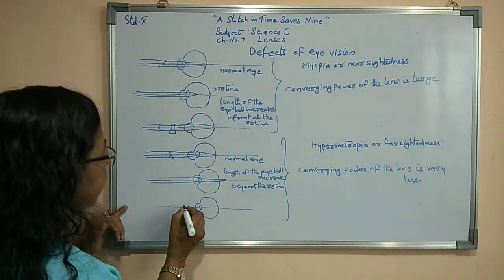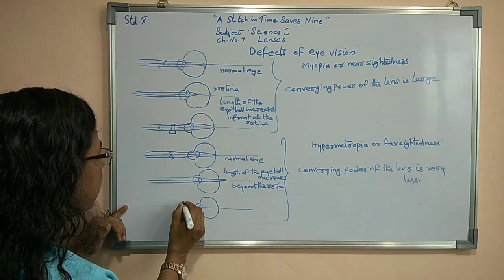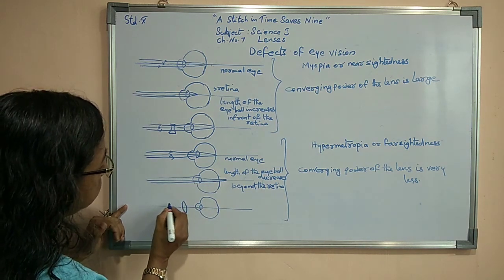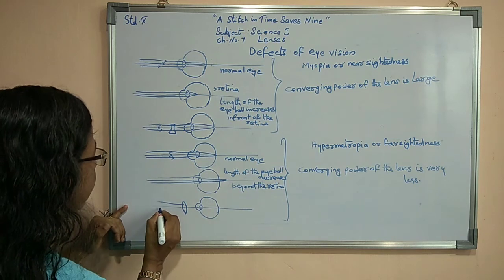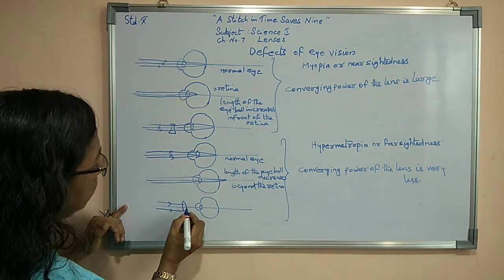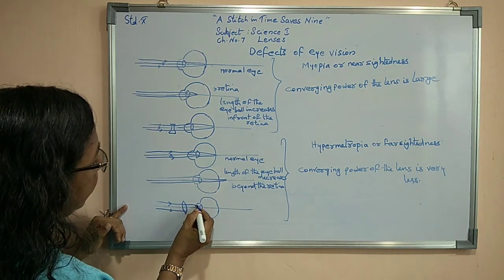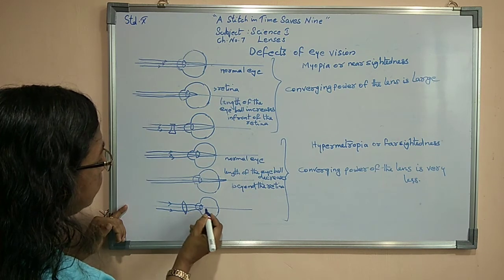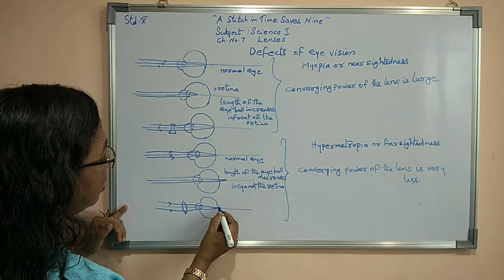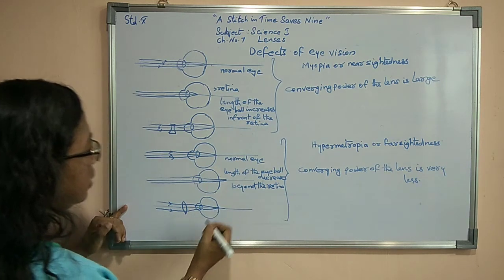Now for correcting this defect, we have to use a convex lens in the spectacle. As a result, the rays of light passing through this lens again pass through the lens, and they are able to converge at the retina.